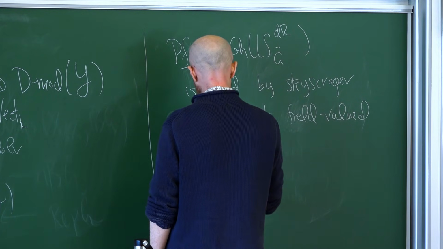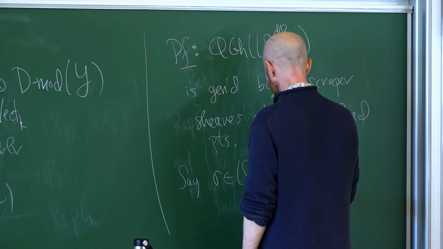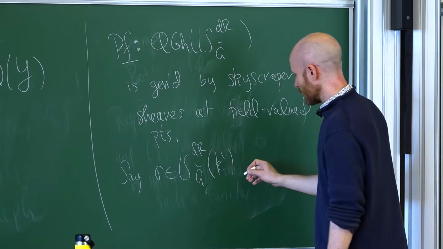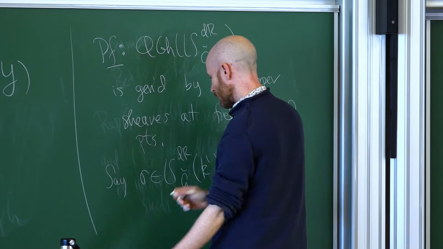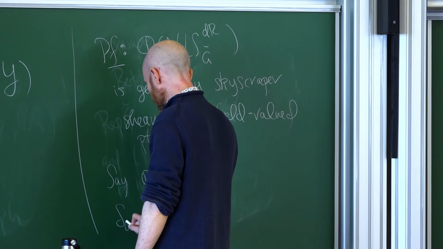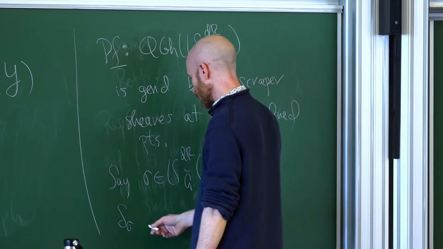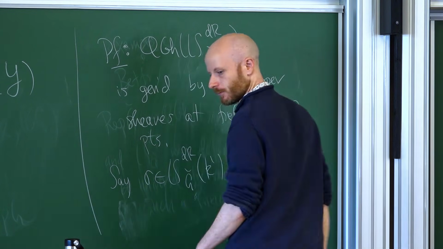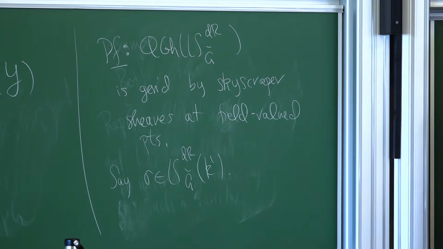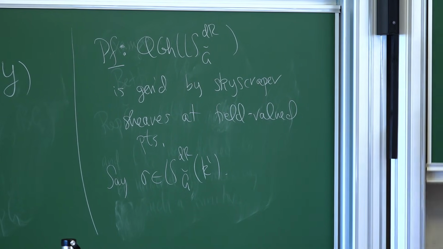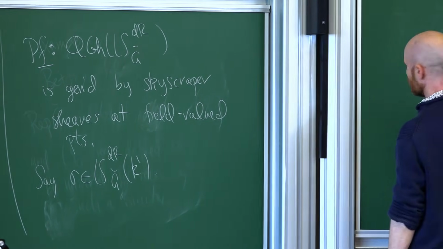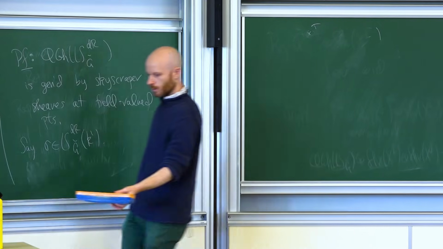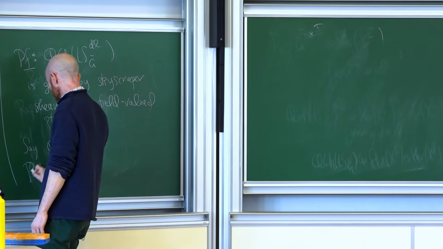So say I have a local system sigma. Let's suppose that I take this as a K prime point. So I take the corresponding skyscraper sheaf. Let me call it delta sigma. And then I act on, well, let me give a definition.